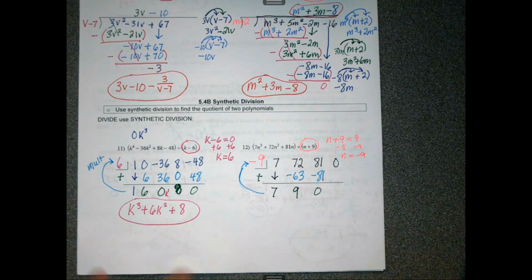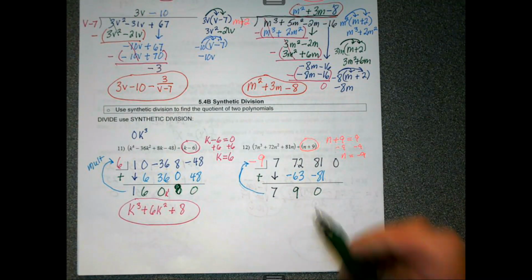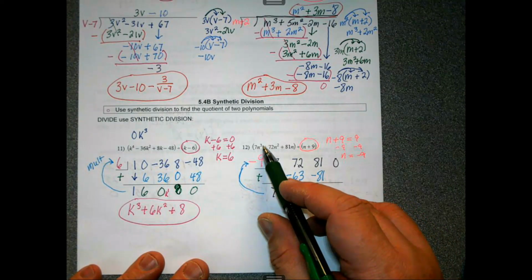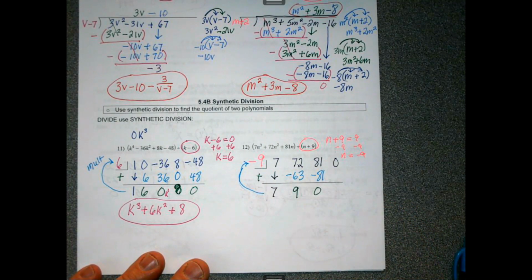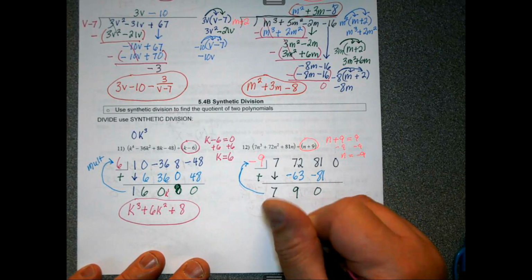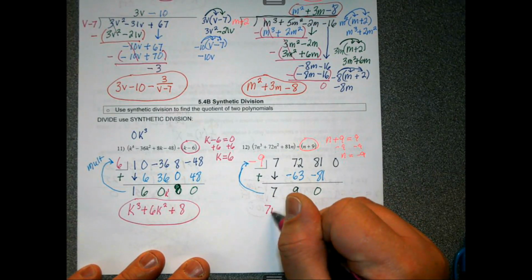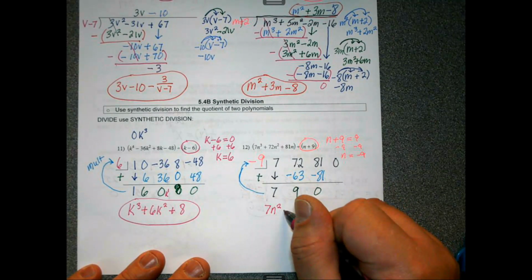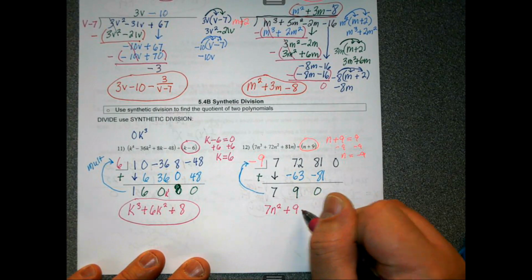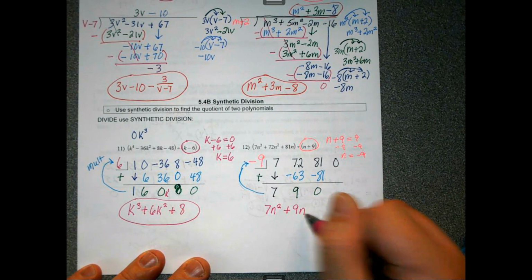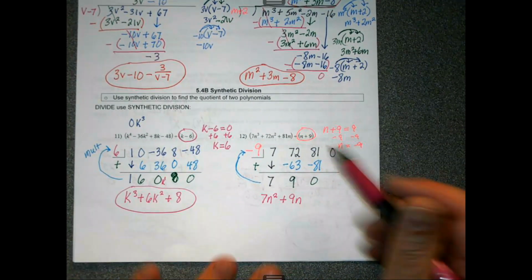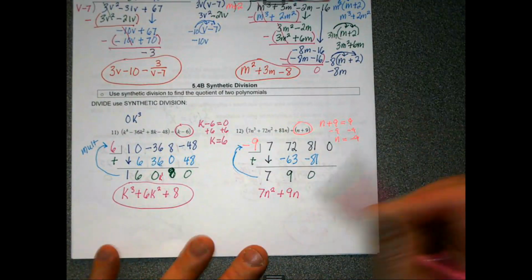So I didn't need that 0. So I started with an n cubed, so I end up with a 7n squared plus 9n. And it only asks us to divide it once, so I'm done.